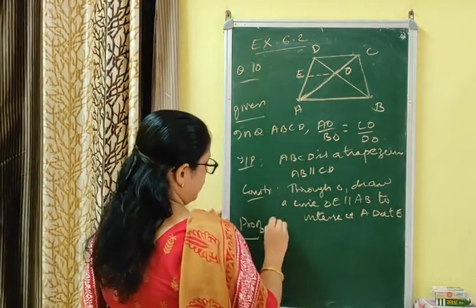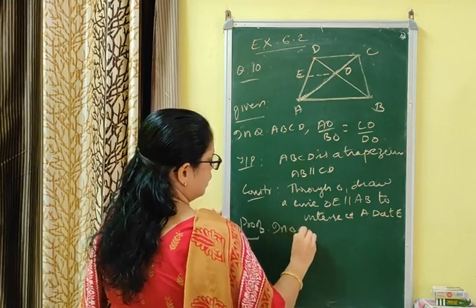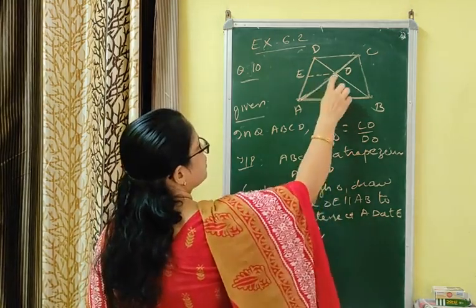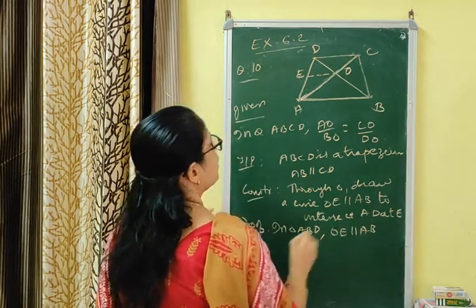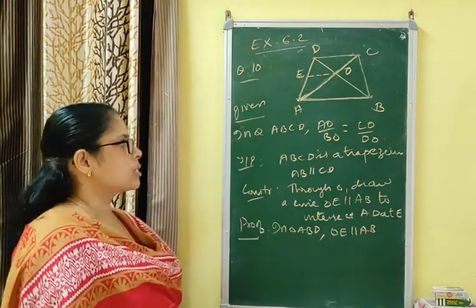Now in triangle ABD, what have you constructed? OE is parallel to AB. You constructed OE parallel to AB in triangle ABD.